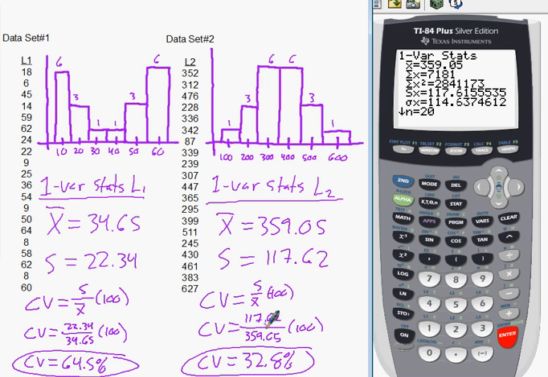So this is why coefficient of variation is quite useful, because it sort of standardizes it. It compares the measure of variation to the mean of that sample. So it's as a percentage of that mean. So really, this data set 1 has a greater degree of variation.